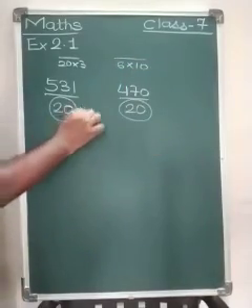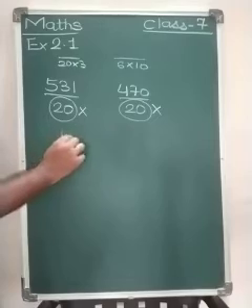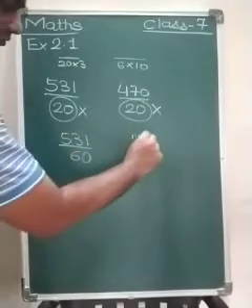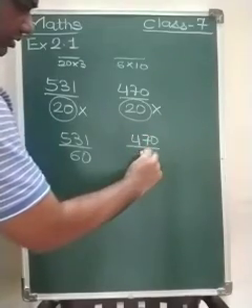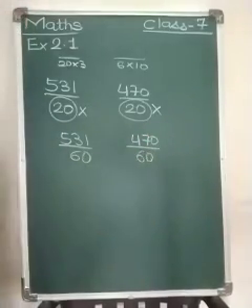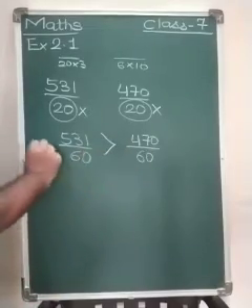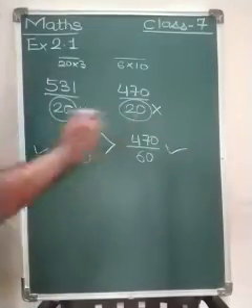So the denominator should not be 20, it should be 531 upon 60 and 470 upon 60. These are the corrections. So this is right and this 20 was wrong.